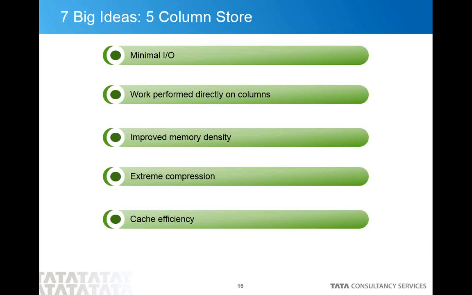As in the case of a traditional database, we used to retrieve the entire row, that is all the set of columns. But here in the case of columnar store, we are only bringing the pages into memory that are mentioned in the query, or that satisfy the query.